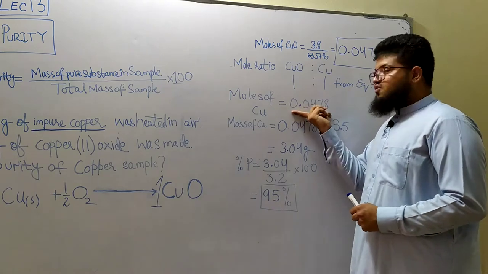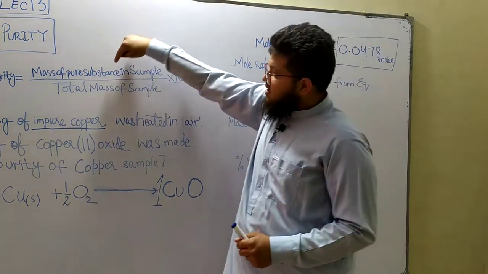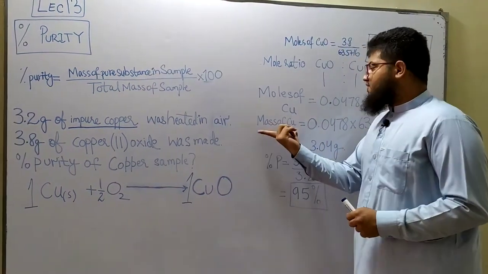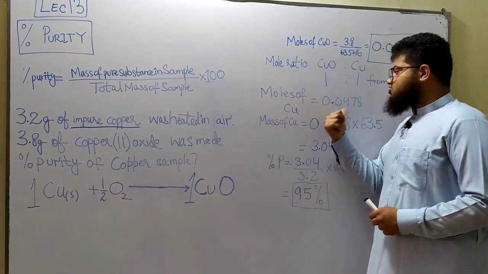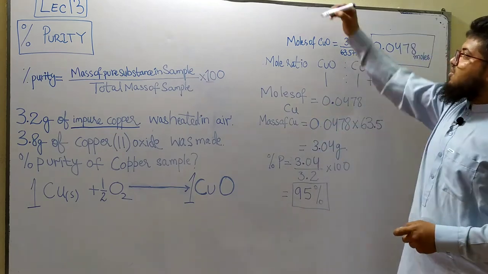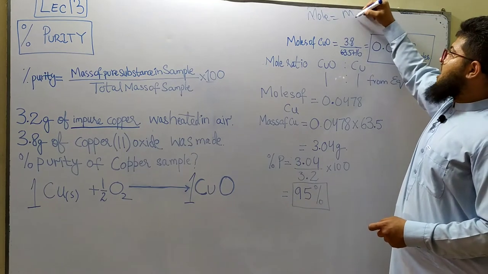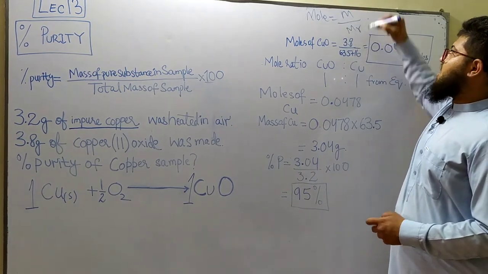Now once we have the moles of copper, we can calculate the mass of copper, and that's what we need in the sample. Okay, the mass of copper in the sample can be calculated using the moles of copper. So you can just reverse the same moles formula. Remember, moles are equal to mass in grams divided by the molar mass, right?